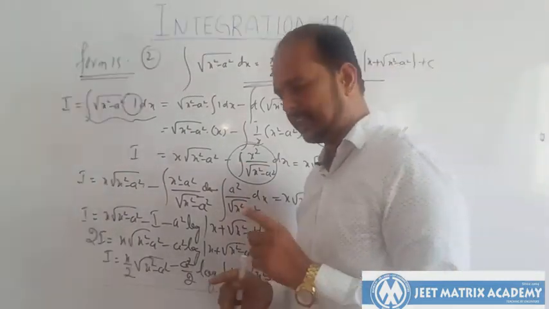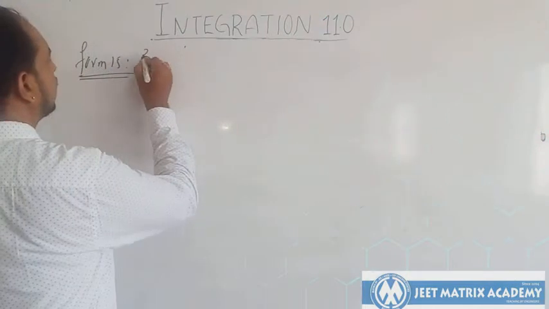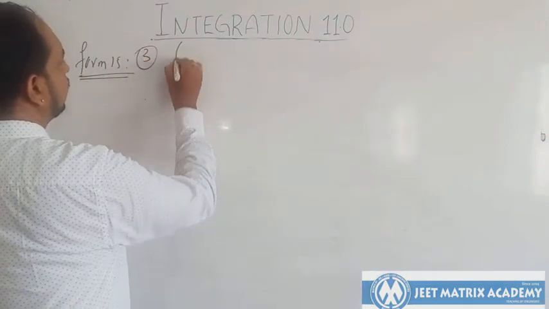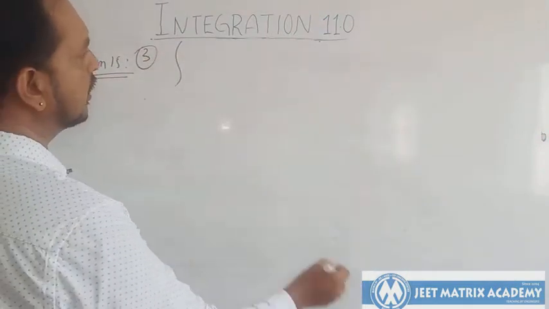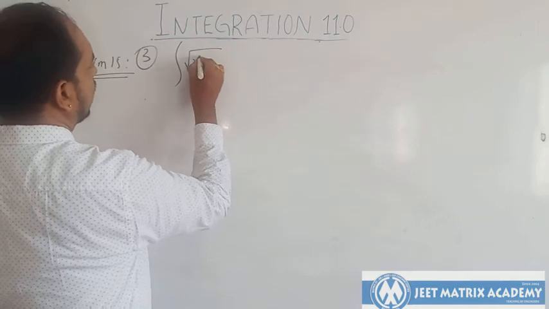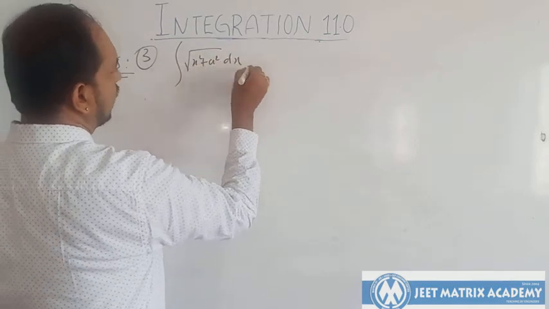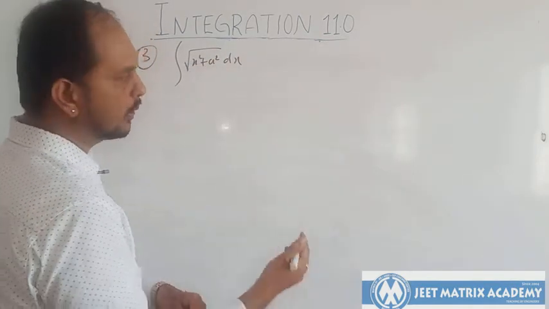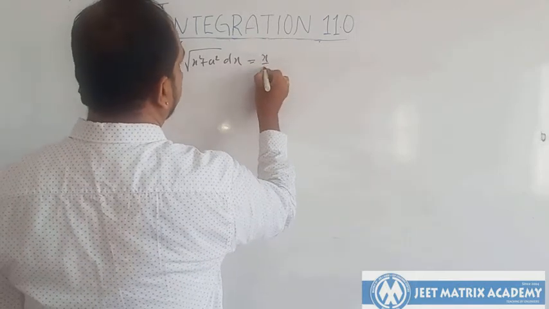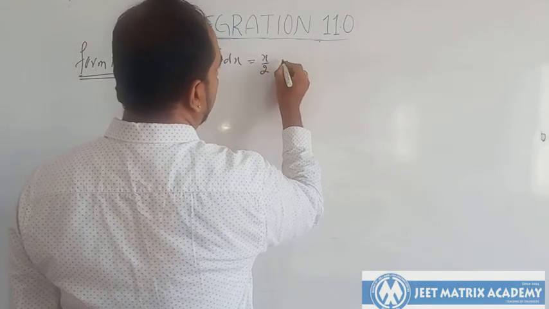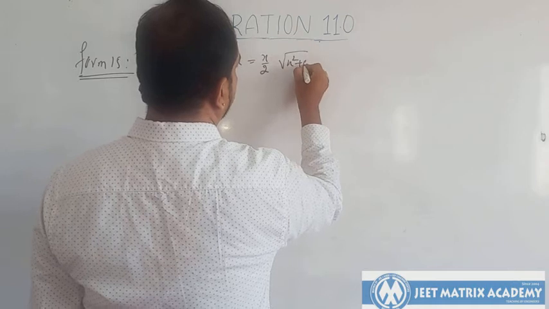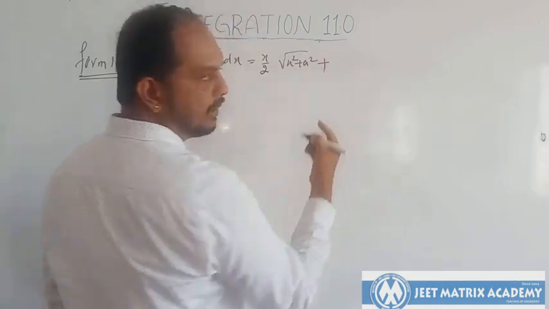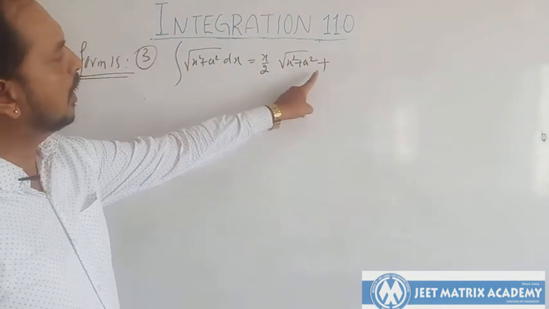Last problem we'll see, last format, third form. So integration of root of x square plus a square dx equal to x by 2 root of x square plus a square. Previously it was minus, now it is plus.